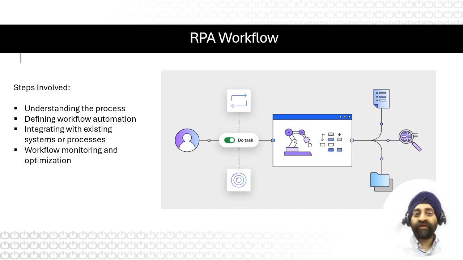It is crucial to have a clear and detailed understanding of the process before moving forward. Next, we move to defining workflow automation. This step is about designing how the automated process will function, including the specific tasks the RPA bot will perform and the sequence in which these tasks will be executed.